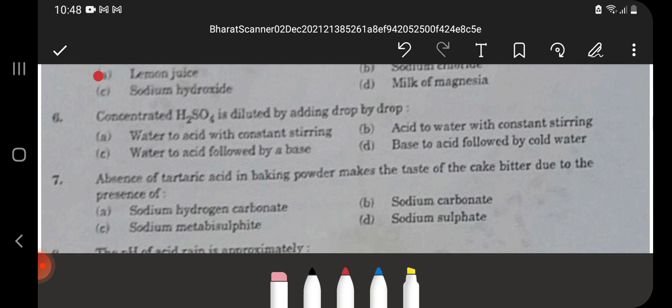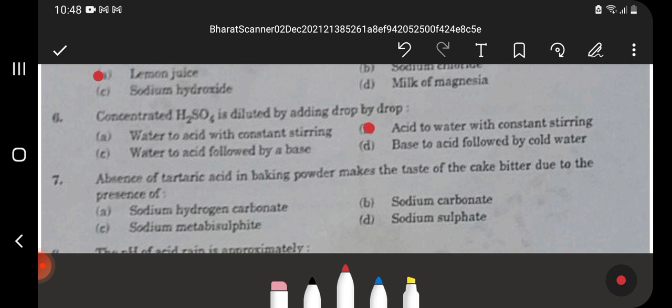Concentrated H2SO4 is diluted by adding drop by drop. The answer is B, acid to water with constant stirring.